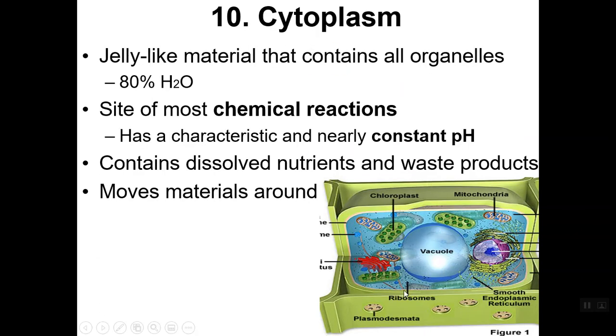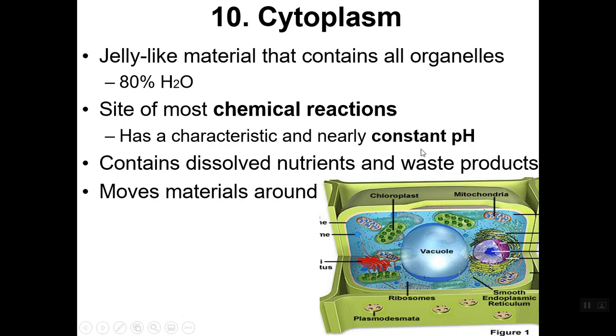Cytoplasm. Cytoplasm is mostly water, and it is the space in between all of the organelles and all of the intercellular space. This is where all of your chemical reactions occur. People think that the cytoplasm is just kind of like a gel that just sits there and does nothing, but it actually is one of the most important organelles cells have. This is where all the chemical reactions happen.